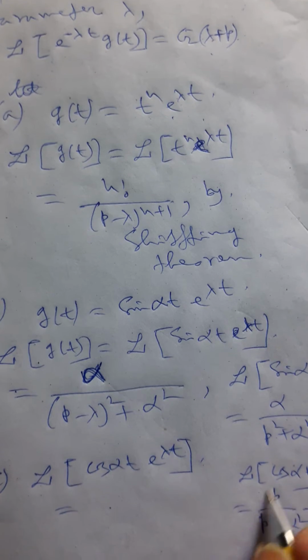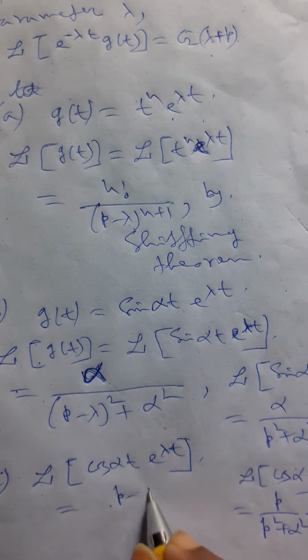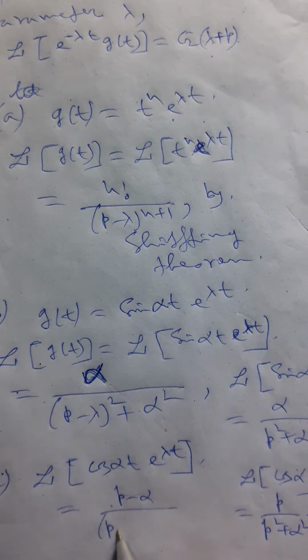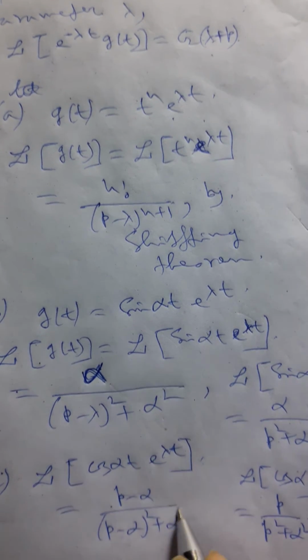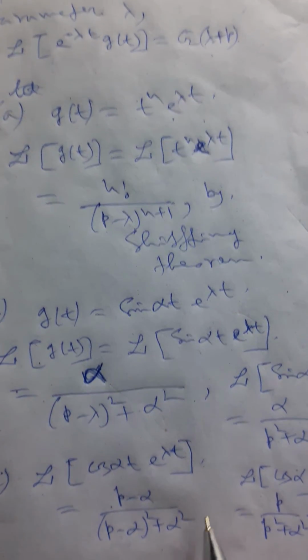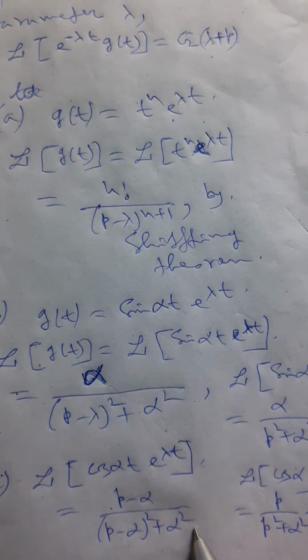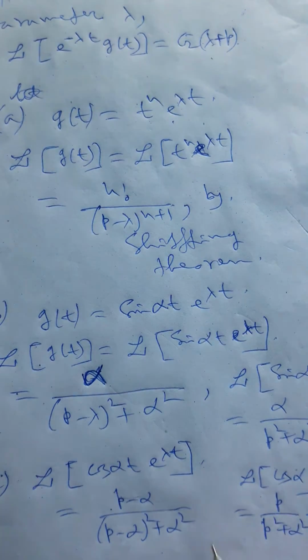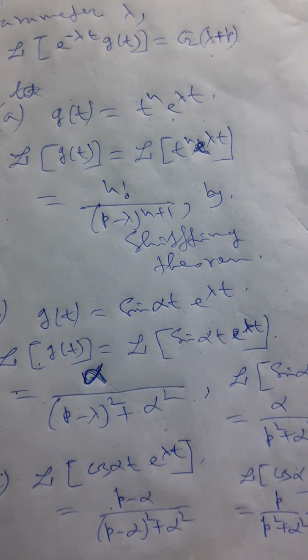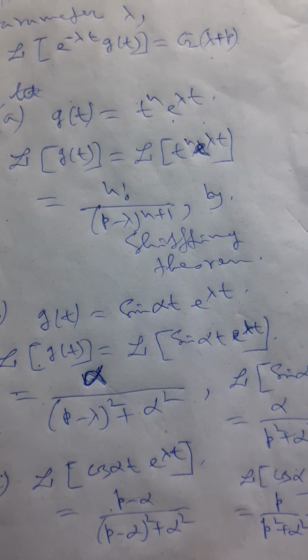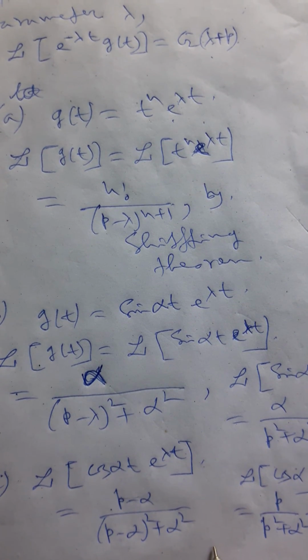So here the only change is on p, so it will be p minus lambda by p minus lambda whole square plus alpha square. This will be the answer. Here also we use the shifting theorem. So in this way we can evaluate these categories of functions very easily and in the shortest way.